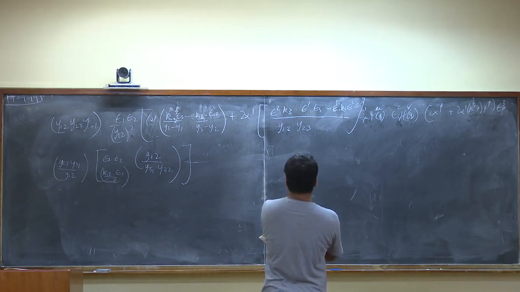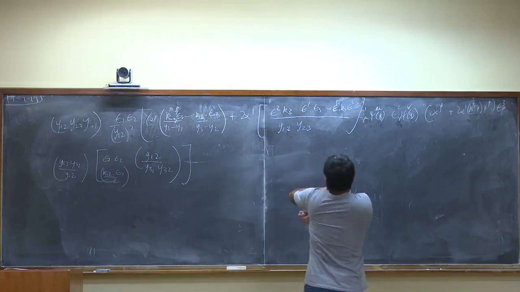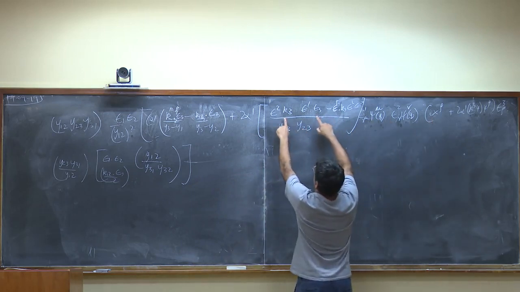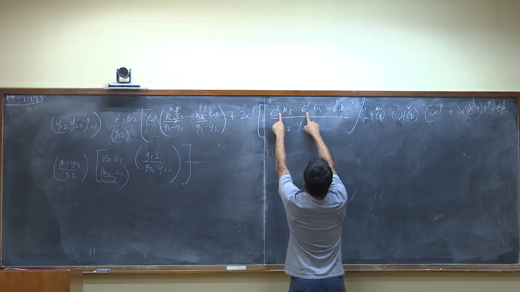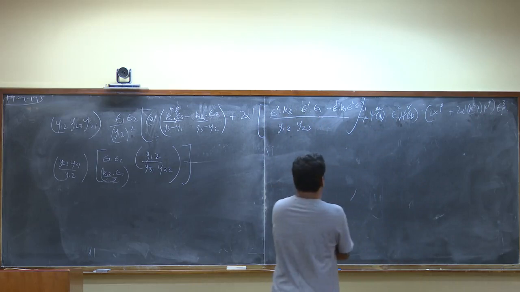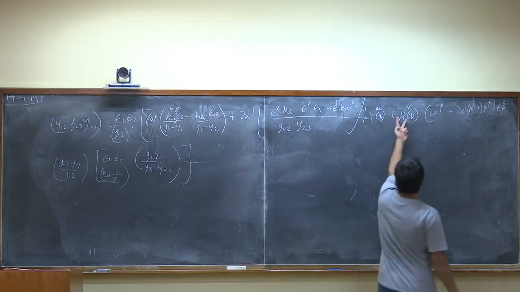Y12 in the first term. So when we did the first term, we were doing this guy. We got the epsilon 1 dot epsilon 2 from this guy, and we got the y12 because this contracted with this.